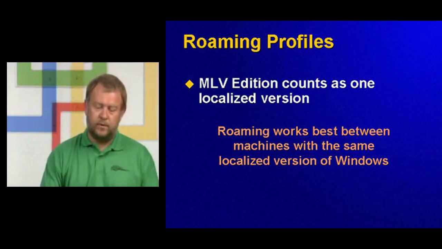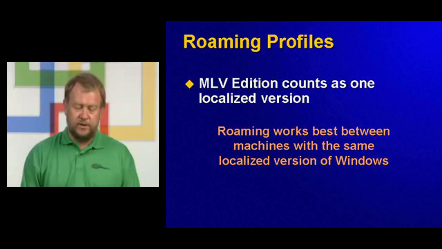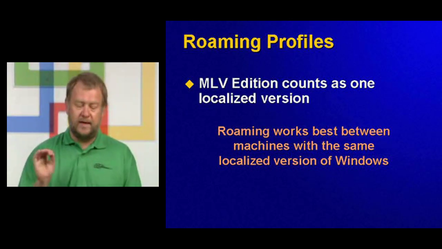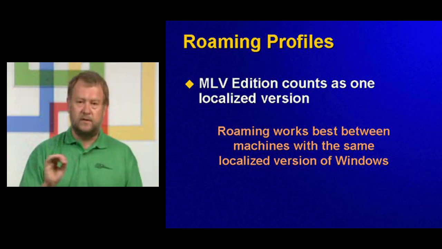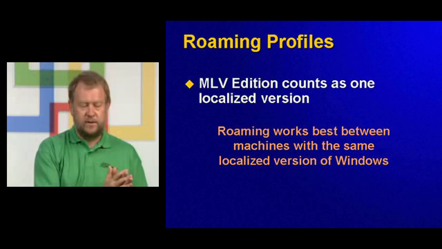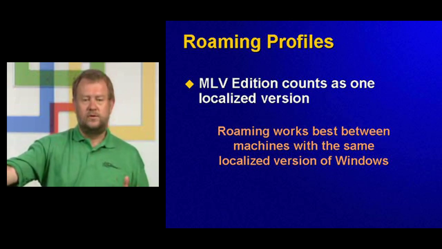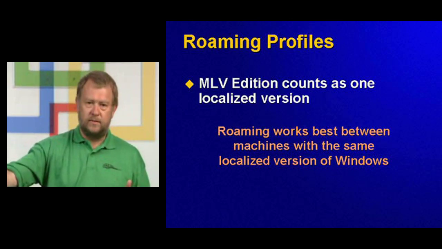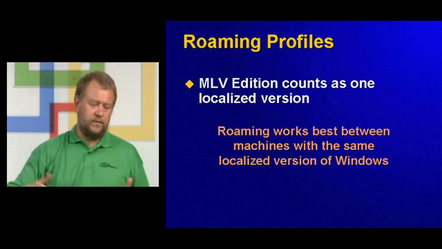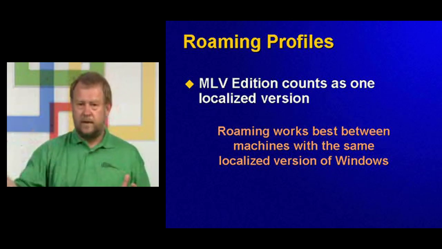So roaming profiles, we mentioned this a minute ago. As you see here at the bottom, roaming works best between machines with the same localized version of Windows. Of course, it's simple if you're going from US English Windows 2000 to another US English Windows 2000 system. But it's also simple if you go from a simplified Chinese version to another simplified Chinese version.